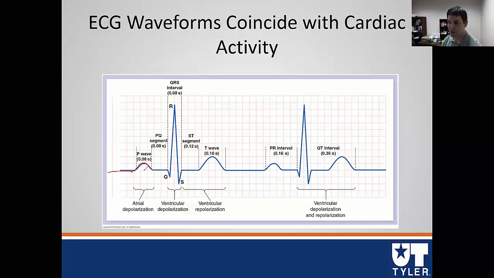So one thing I'll note that's apparent here is the size of the wave is related to the amount of muscle mass doing the contractions. So as you can see in this QRS complex, our ventricles are much, much larger than our atria, and so the size of the blip on the ECG for the atria is much smaller than for a large muscle mass.